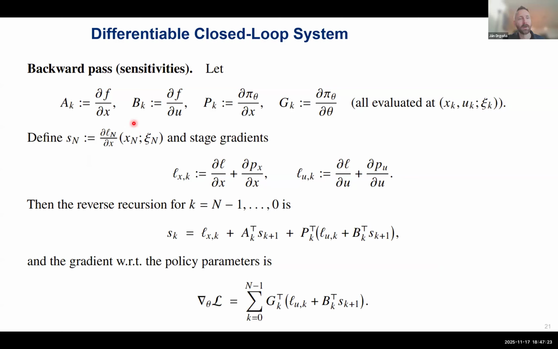Here I'm showing reverse mode automatic differentiation, or so-called backpropagation in deep learning. You start with defining your terminal sensitivity, that is typically the partial derivative of the terminal cost. And you backpropagate this sensitivity backward in time through this recursion, where I have these sensitivities of the cost with respect to my system dynamic states and with respect to control inputs.